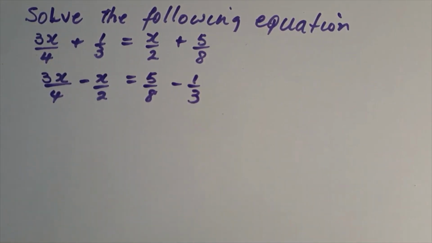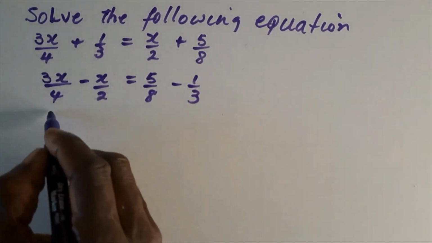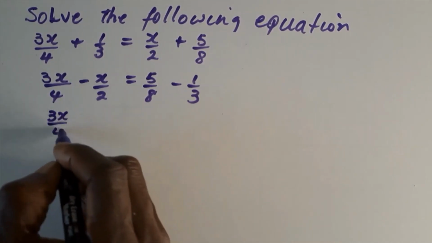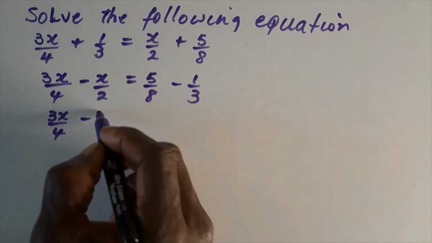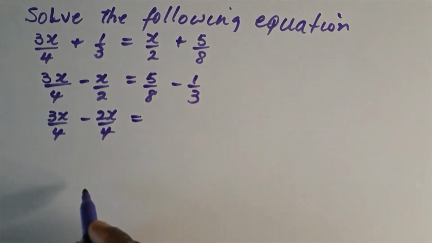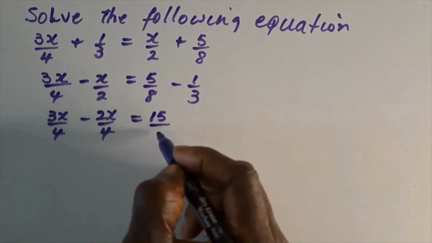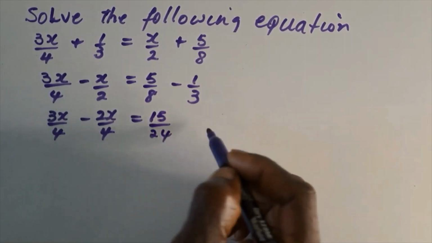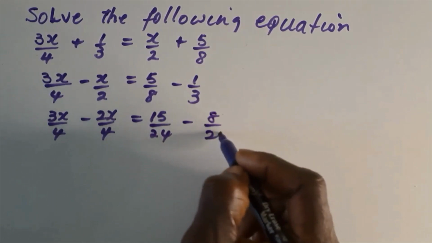We'll simplify this by making sure all the denominators match. So we'll start with the left-hand side first. We have 3x over 4, and we'll keep this. We want this for the denominator of 4, and this becomes 2x over 4. And likewise, we do this on the right-hand side. So that's 15 over 24, and 8 ones are 8 over 24.